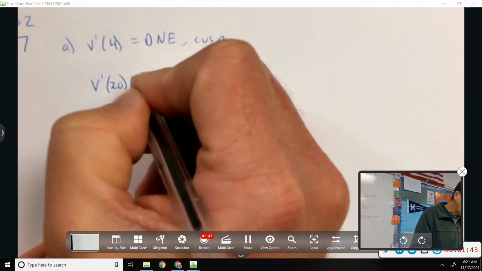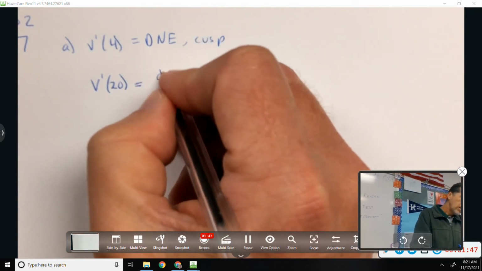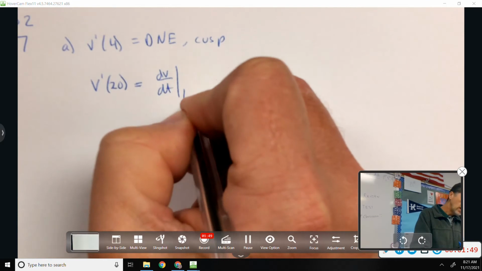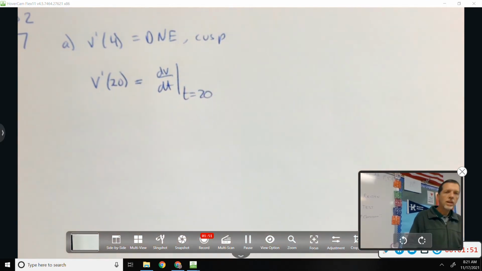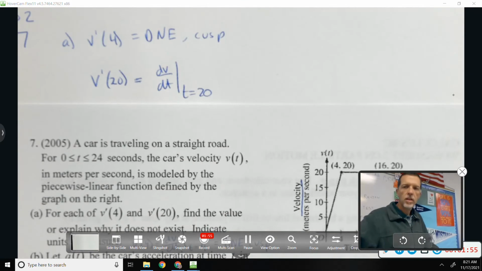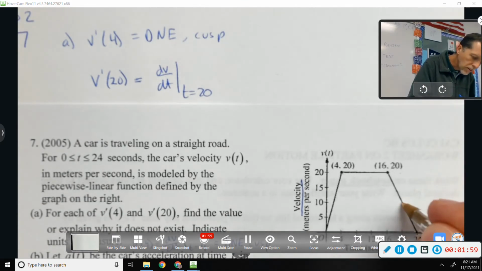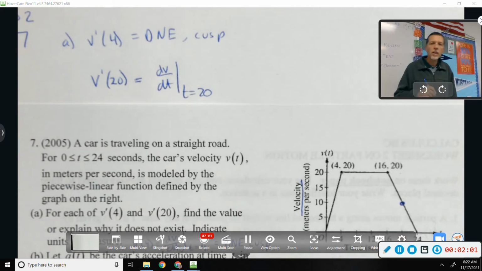v prime at 20, so that's dv/dt at t equals 20. Let's see. So at t equals 20, it's about right there. I want to know the instantaneous rate of change, the derivative of that line.